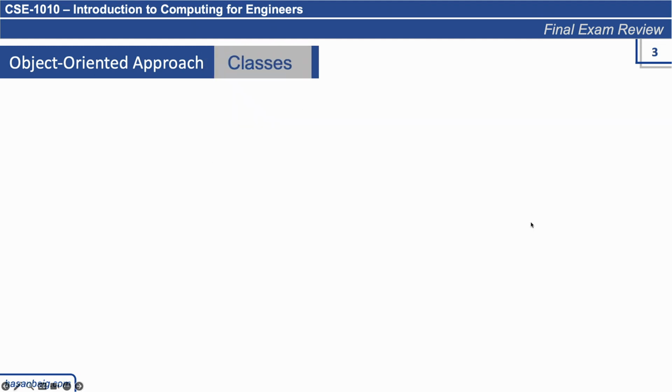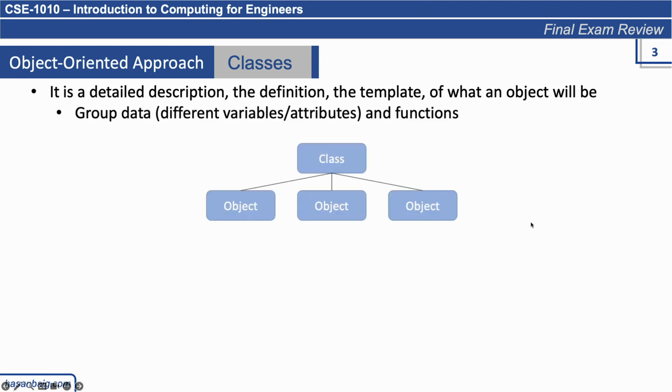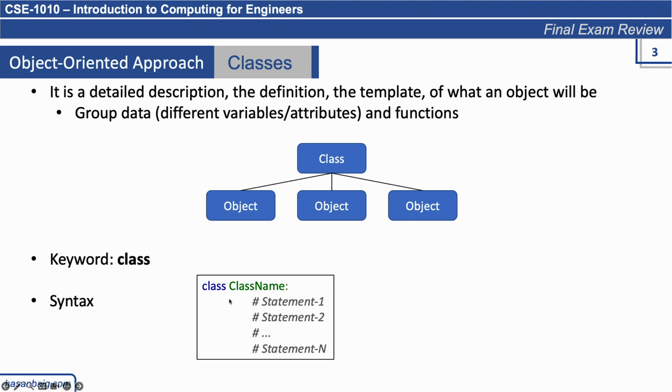How do we create objects? They are created out of a class, which is simply a template based on which we create a number of objects. It's a group of data containing different variables, attributes, and functions, and we can initialize a class with the help of the keyword class.